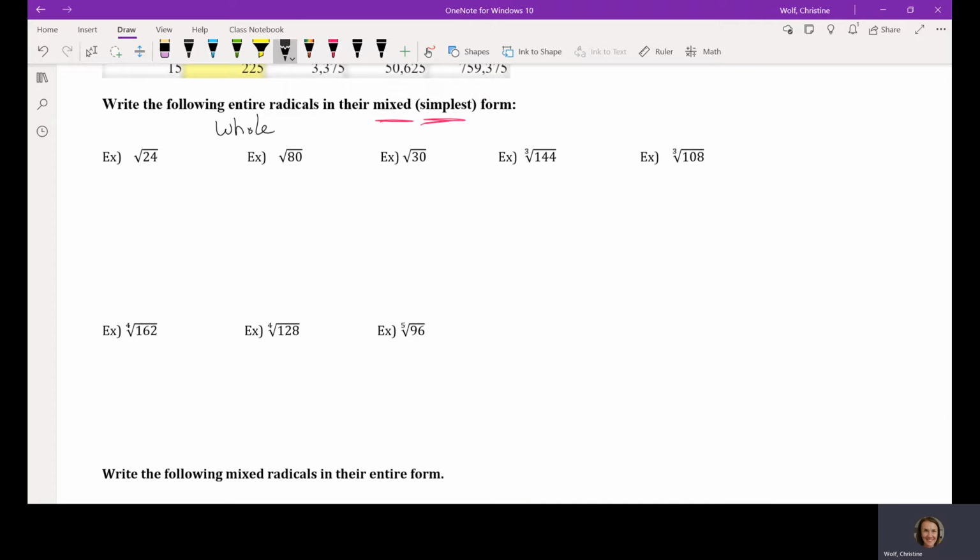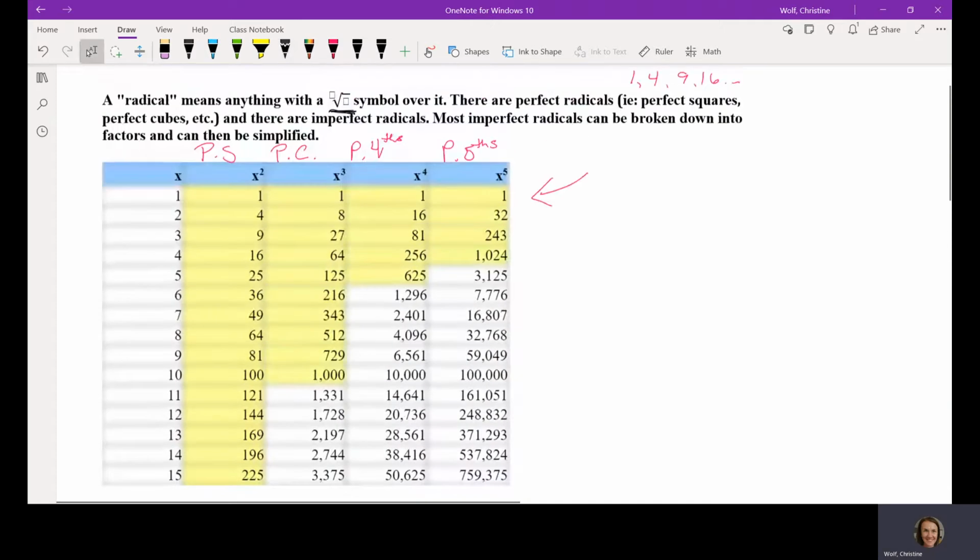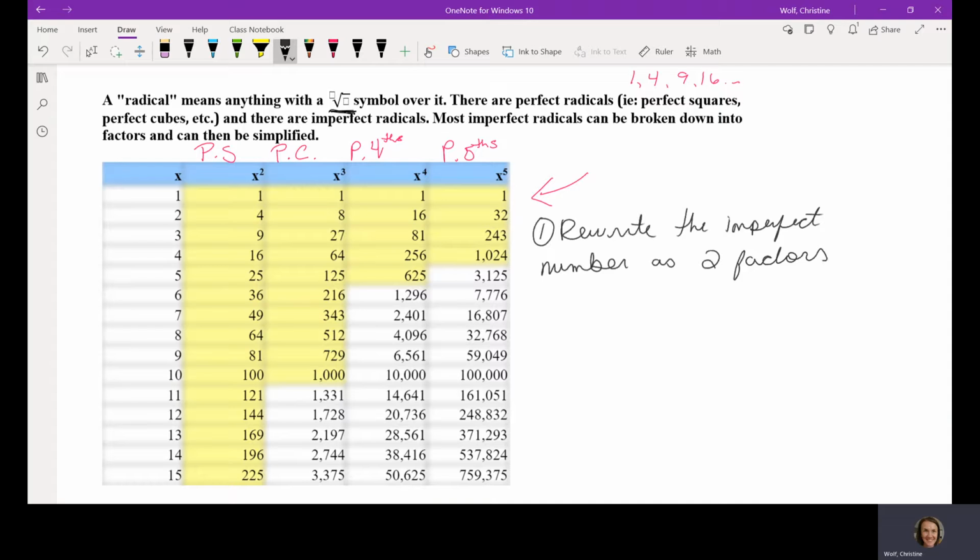I'm going to write the steps up here where there's some space. Step number 1 is we rewrite the imperfect number. For example, the first example was 24. We would rewrite 24, or the imperfect number, as 2 factors. Last unit, in Unit 3, we talked a lot about factors.